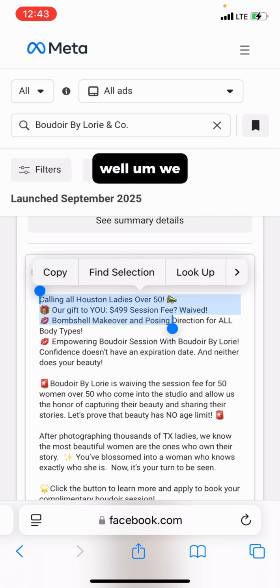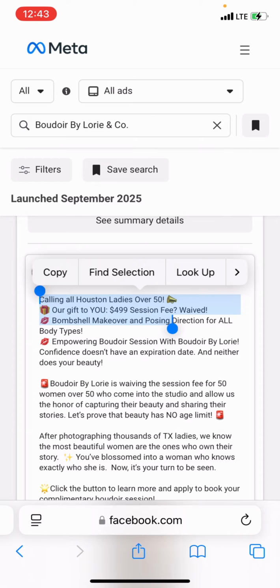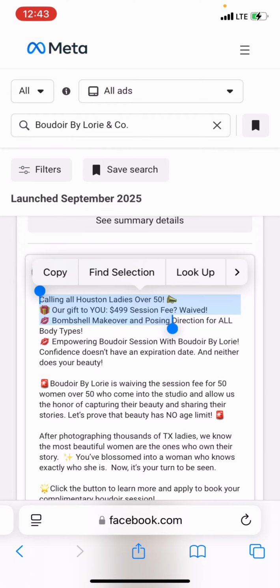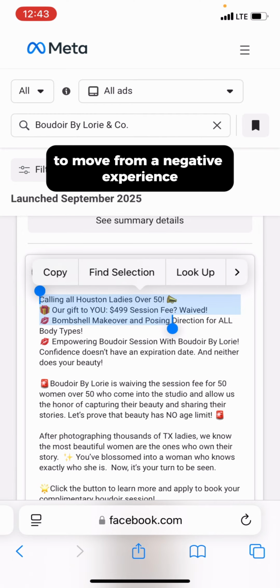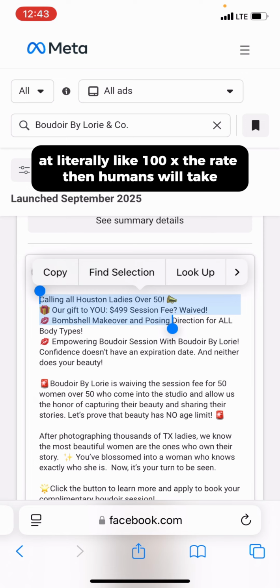Well, I haven't even checked if you have one here, but there's a reason why we always lead with the negative experience. It's because humans take action to move from a negative experience, or aka pain, back to neutral or back to normal at literally like 100x the rate.